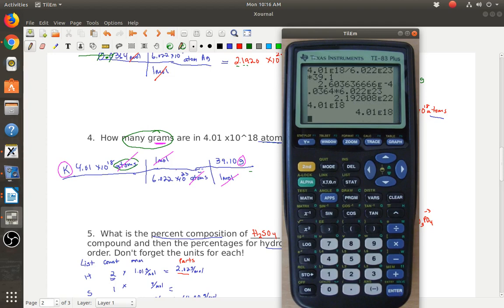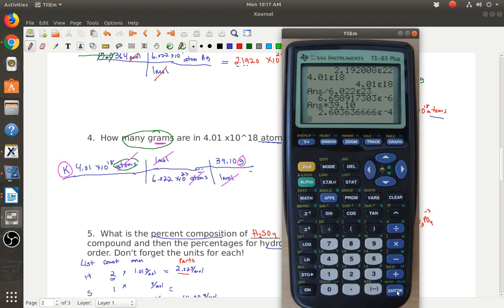But now we have to divide because it's on the bottom. So we're going to divide by Avogadro's number. Divide by 6.022, second function, EE23. Enter. And now the next number is on the top, so I'm going to multiply by the next number. Times 39.10.